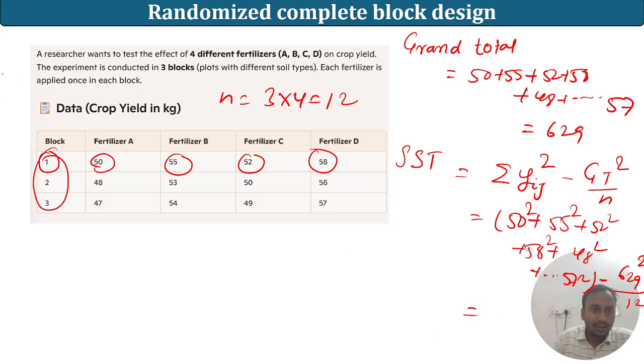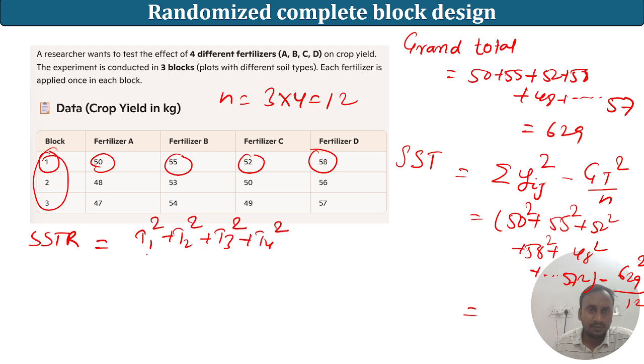So now we'll go with SSTR. What is the formula? T1 square, T2 square, T3 square, T4 square upon number of B minus GT square by N. So what is the total for treatment A?